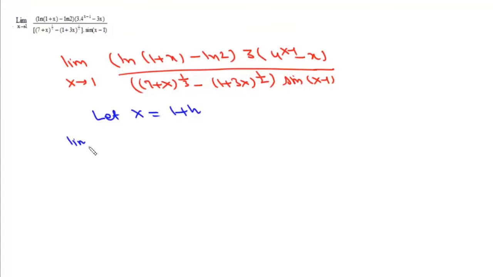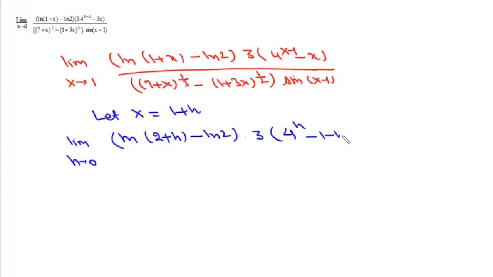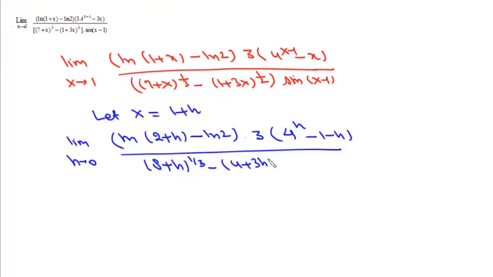Then we can write this limit as limit h tends to 0, log(2+h) minus log 2, and here will be 3 into (4^h − 1 − h) upon (8+h)^(1/3) minus (4+3h)^(1/2), and here will be sine h.